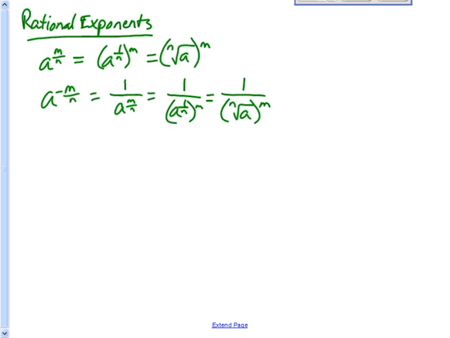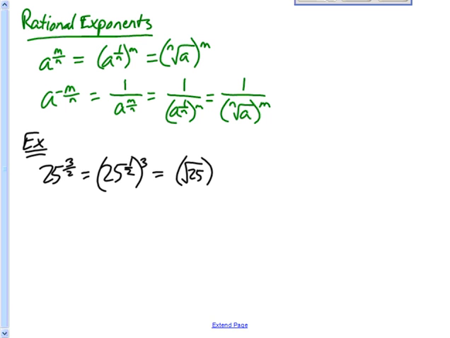So let's go ahead and do some examples here, like 25 to the 3 halves. Well, by definition, that's 25 to the 1 half to the third. Now you take that 25 to the 1 half. You know how this is the square root of 25?